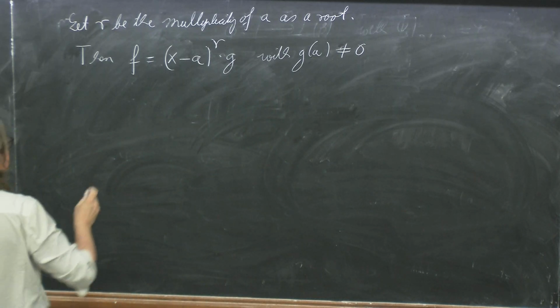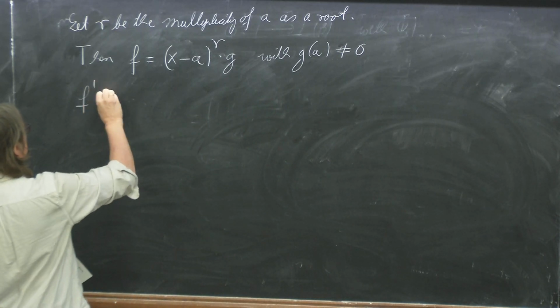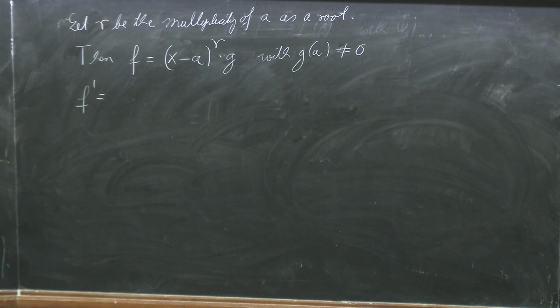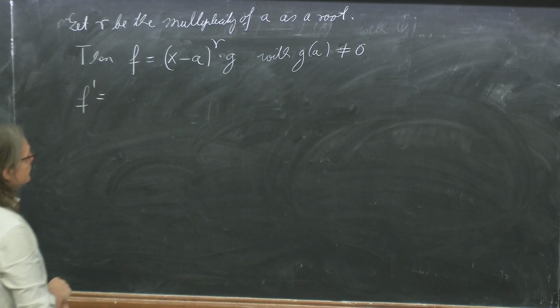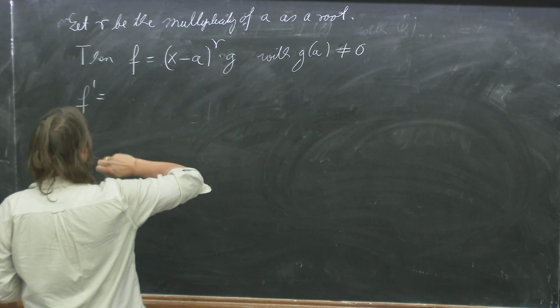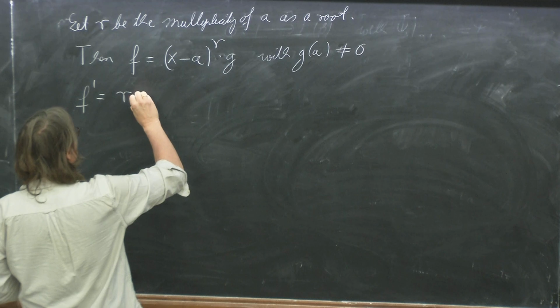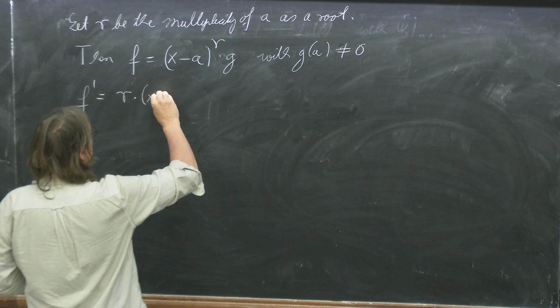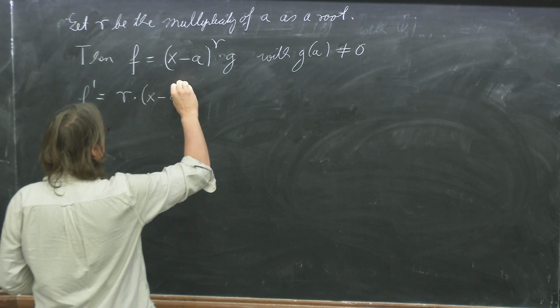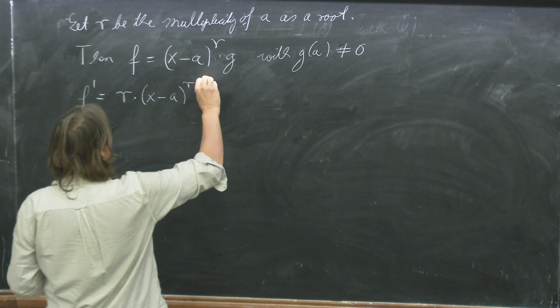If I take the derivative, I apply the Leibniz rule, and you obviously see that the derivative of this is r times (x minus a) to the r minus 1.